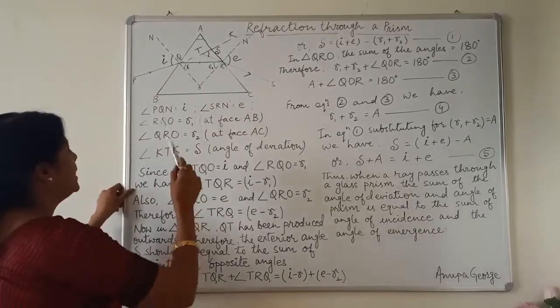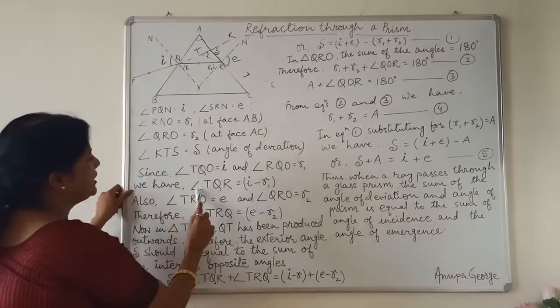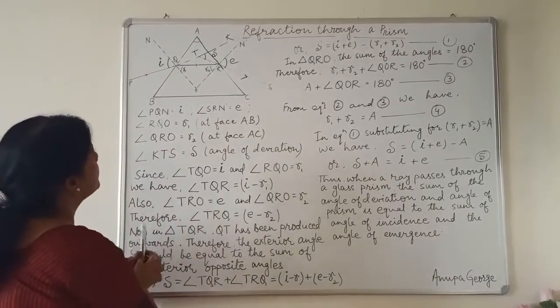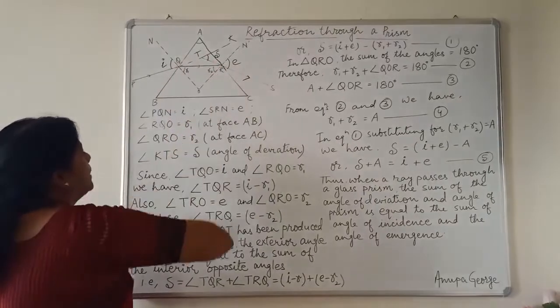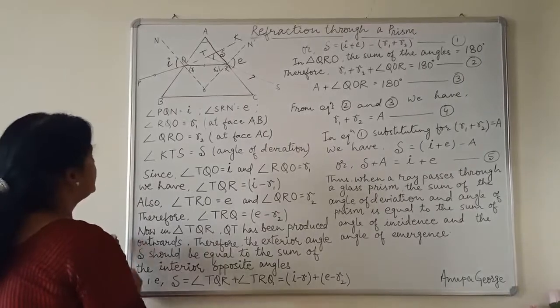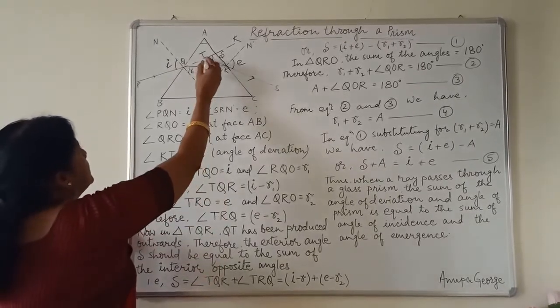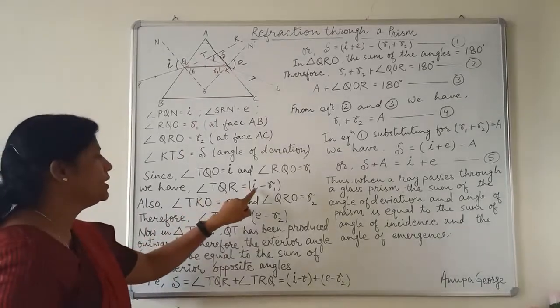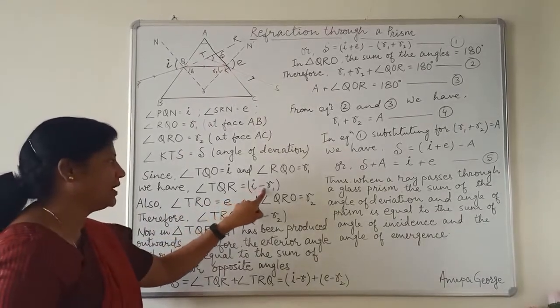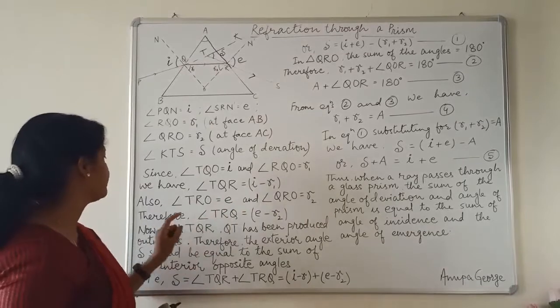Therefore angle TQR is equal to I minus R1.